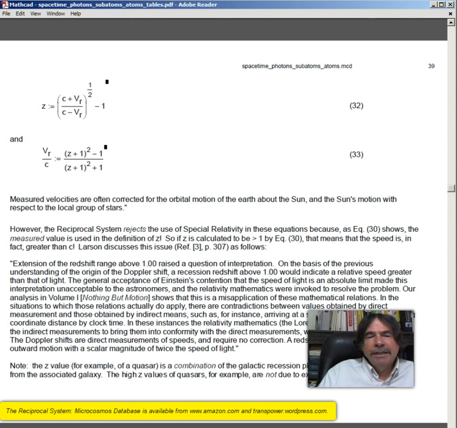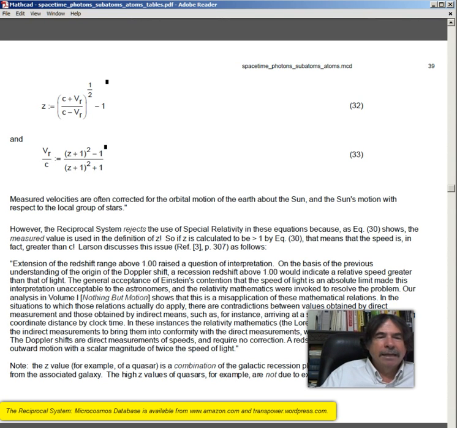"The extension of the redshift range above 1 raised a question of interpretation. On the basis of the previous understanding of the origin of the Doppler shift, a recession redshift above 1 would indicate a relative speed greater than that of light. The general acceptance of Einstein's contention that the speed of light is an absolute limit made this interpretation unacceptable to the astronomers, and the relativity mathematics were invoked to resolve the problem.